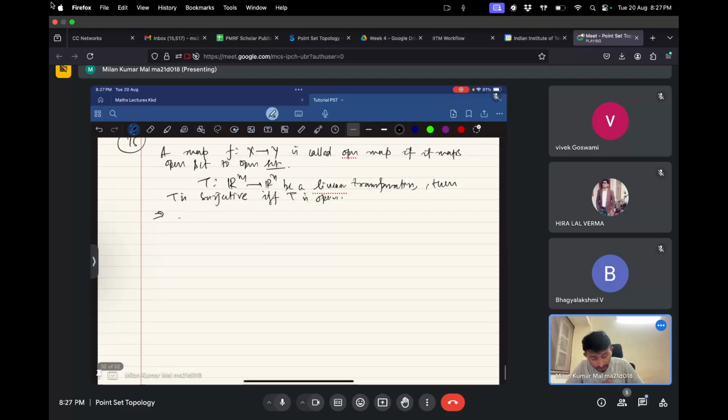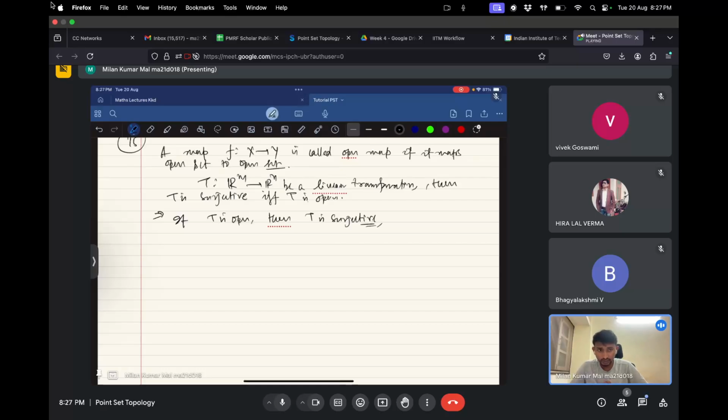So the question is, if T is open, that means T maps open sets to open sets. If T is open, then T is surjective. That first I need to prove. This is one thing. Okay, let T be open, then T is surjective. I have to prove.